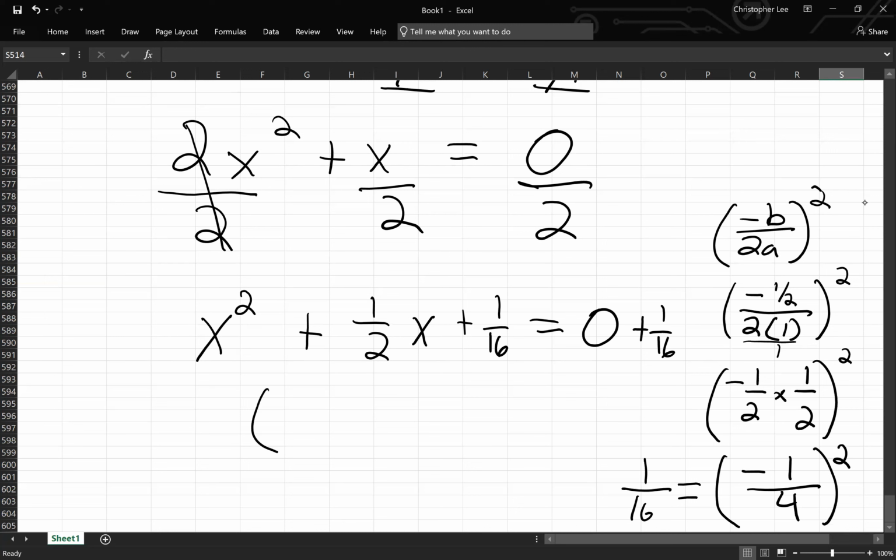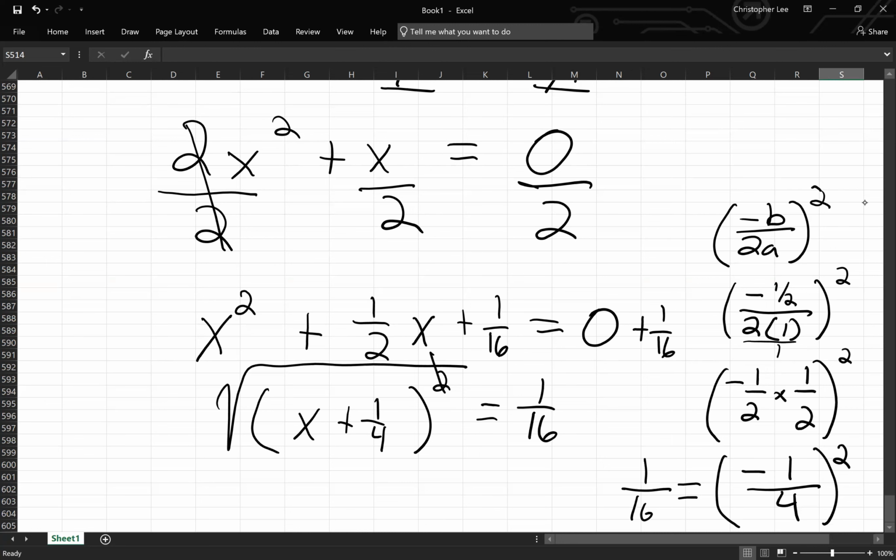So what does this factor out to? This is going to be x what? Plus or minus? Plus 1 over 4. Very good. All right, now I want to solve for x. So what should I do next? Square root it, right?